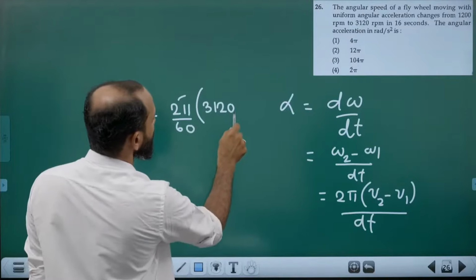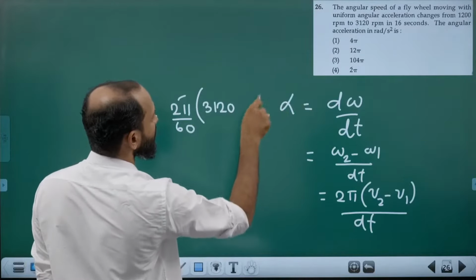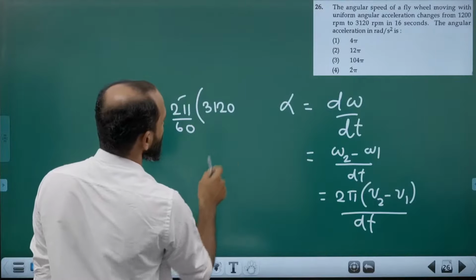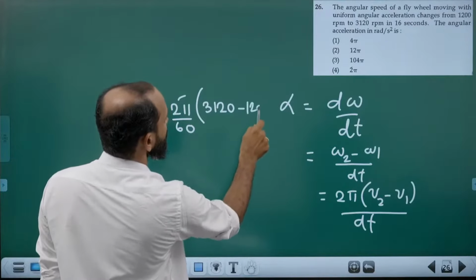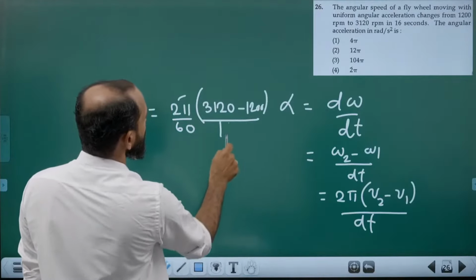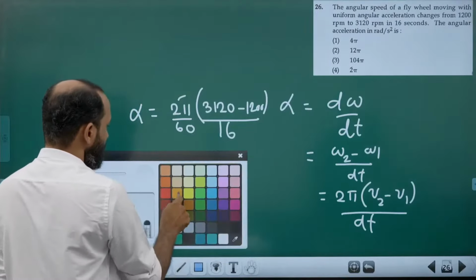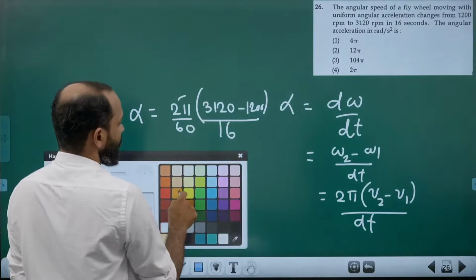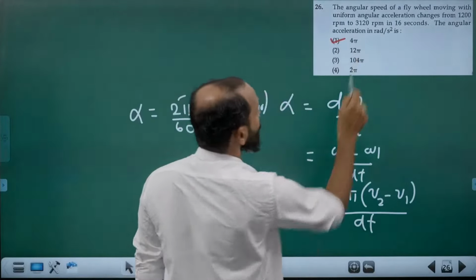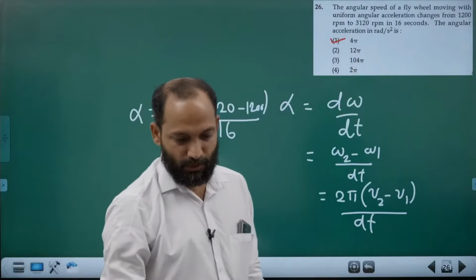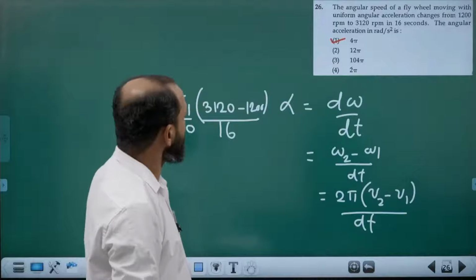Don't forget to divide by 60 because RPM is to be converted into RPS, which is the frequency. You try to calculate, you get the answer, option 1, 4 pi. The correct answer for 26 is option 1. 27.